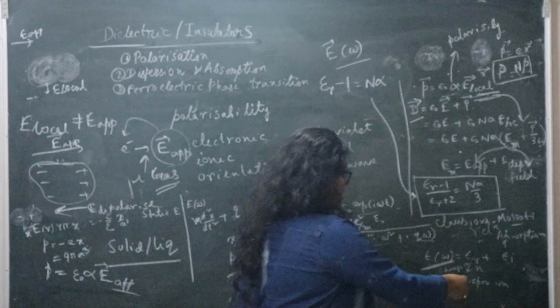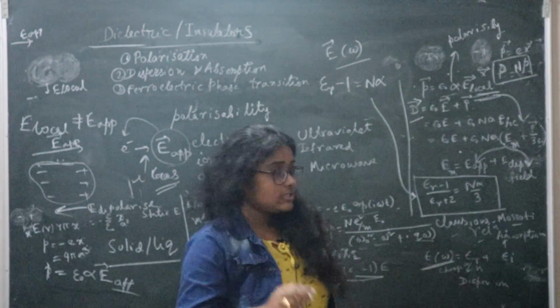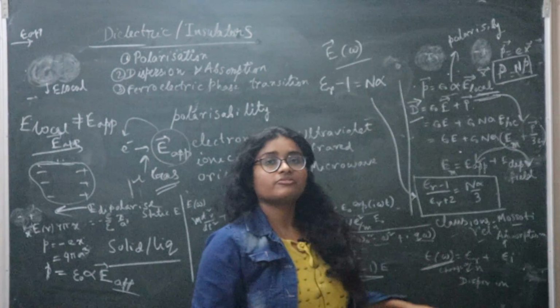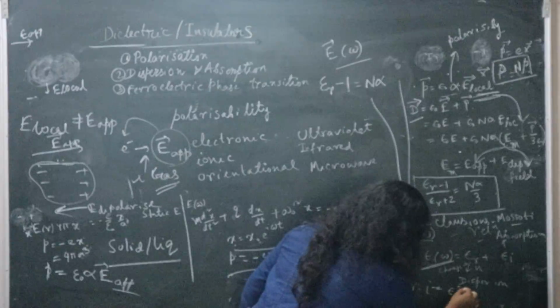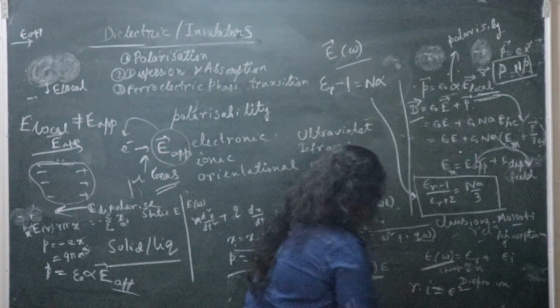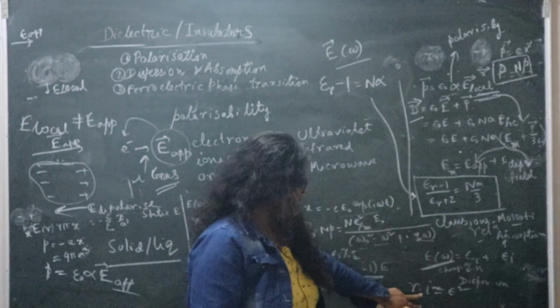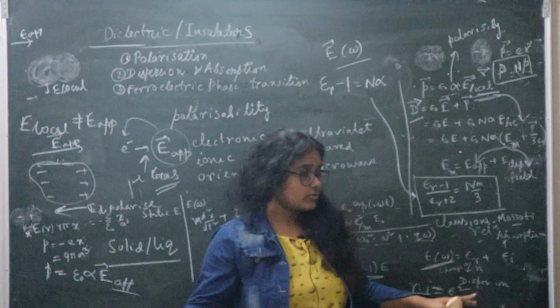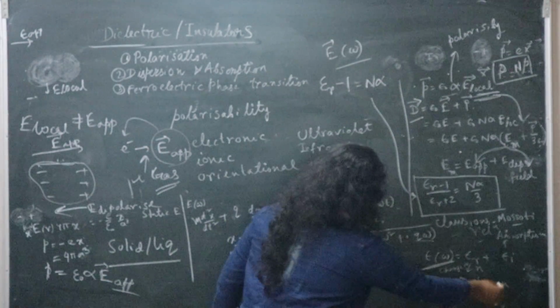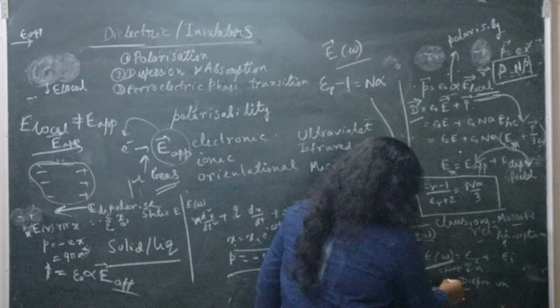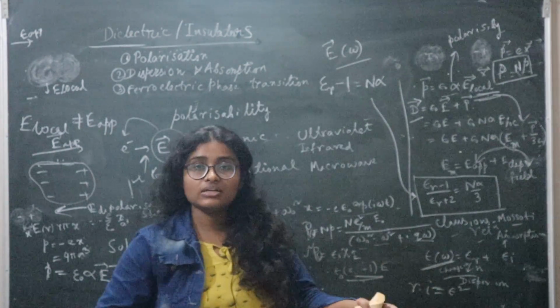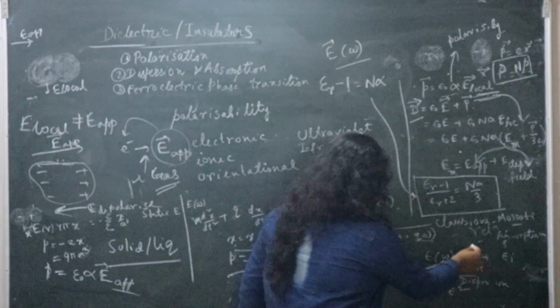The real part of the dielectric constant tells you the change in the refractive index, because the refractive index equals the square root of the real part of the dielectric constant.